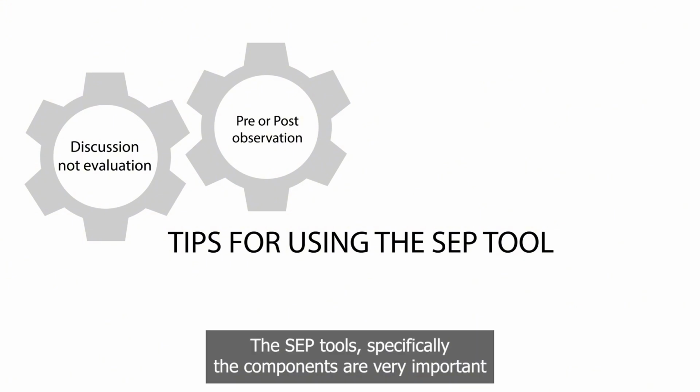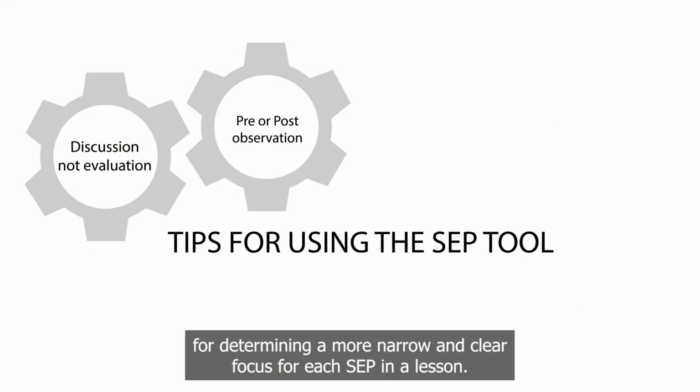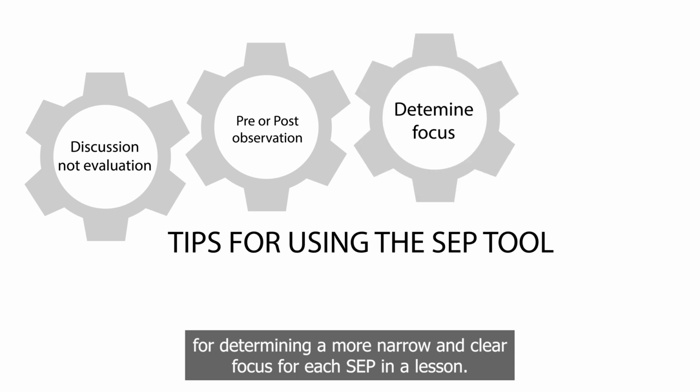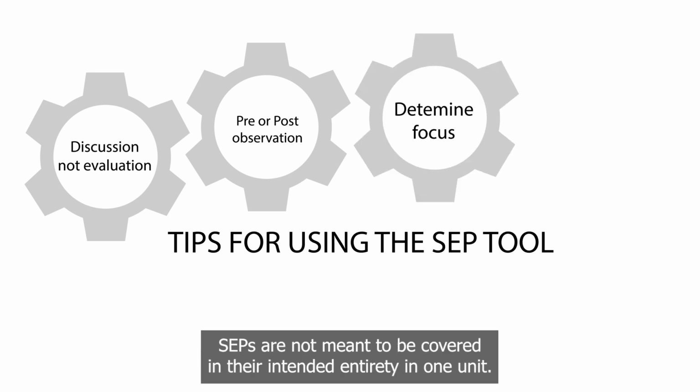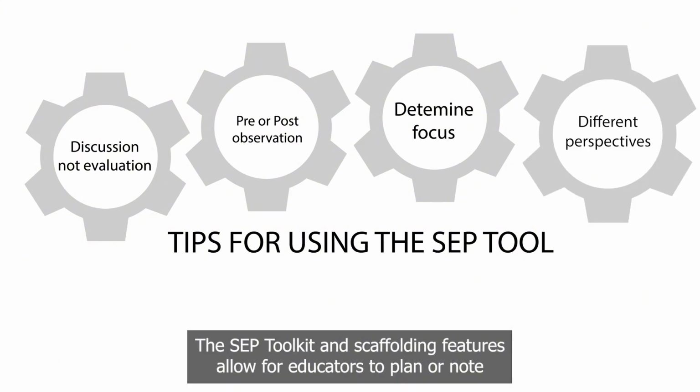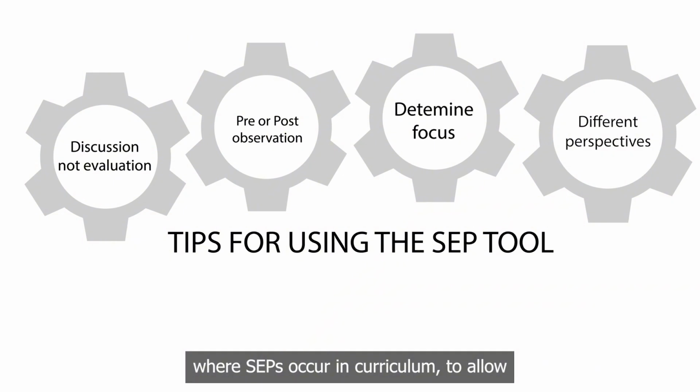The SEP tools, specifically the components, are very important for determining a more narrow and clear focus for each SEP in a lesson. SEPs are not meant to be covered in their intended entirety in one unit. The SEP toolkit and scaffolding features allow for educators to plan or note where SEPs occur in curriculum to allow for varied approaches to enacting the NGSS.